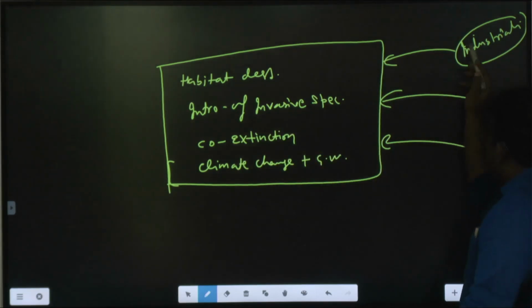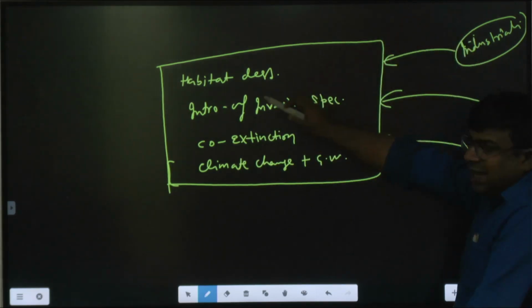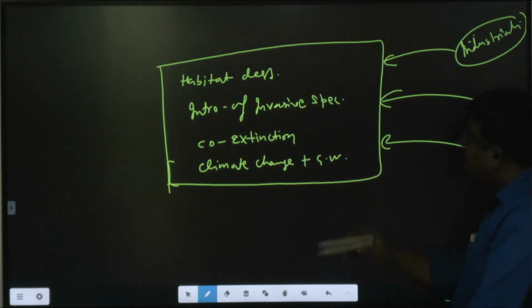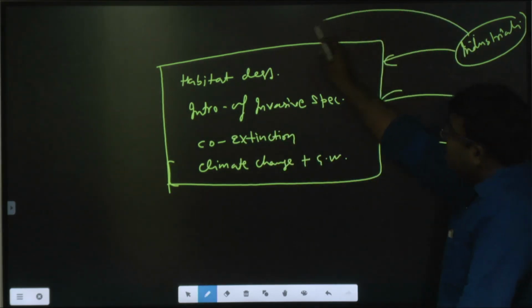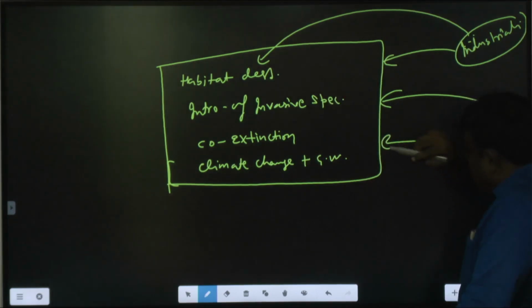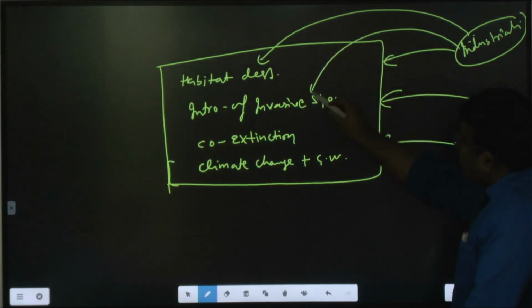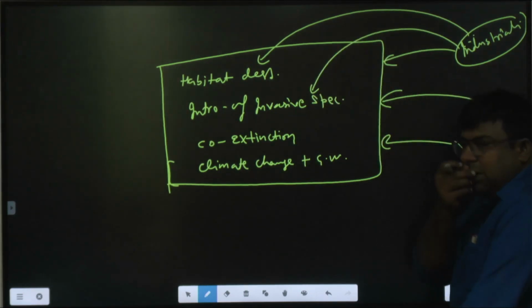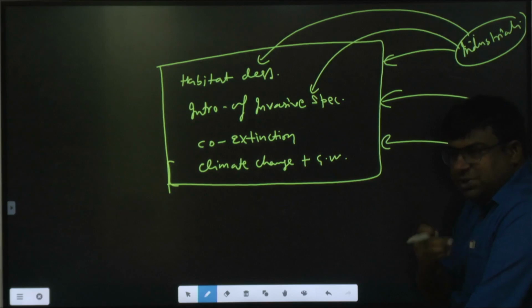But how is that industrialization affecting biodiversity? Industrialization is causing habitat destruction of species. Along with habitat destruction, this same industrialization may also lead to the introduction of invasive species.